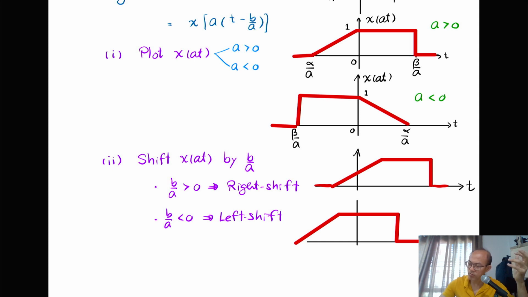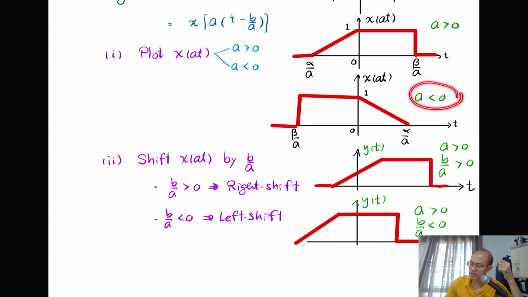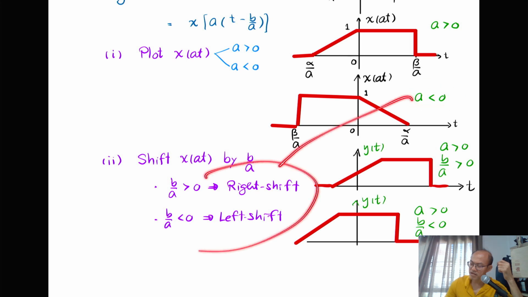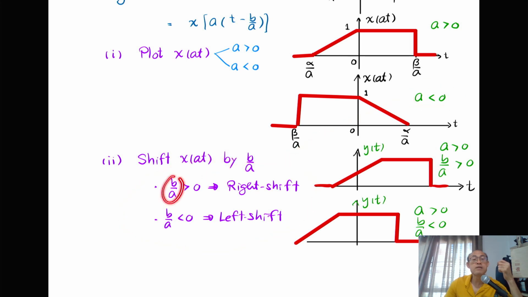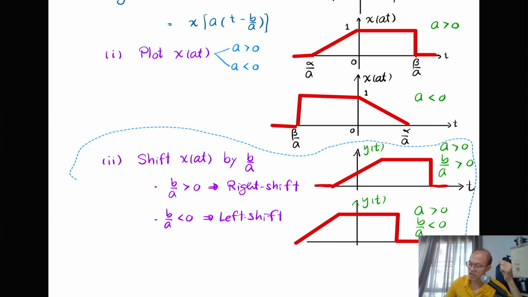This case is when a is positive and b over a is positive. This is when a is positive and b over a is negative. So there we have it, y of t and y of t. And the other case when a is negative is the same, shift left or shift right, depending on the sign of b over a. So that's what we learn from time transformation of a signal.